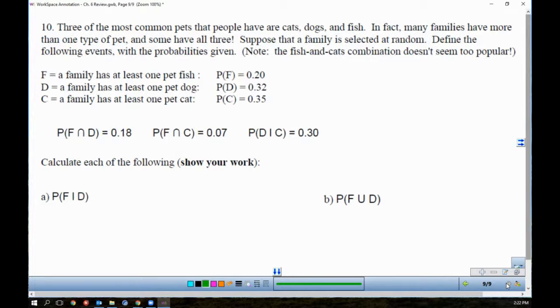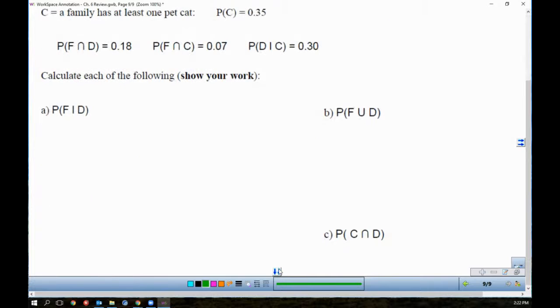Okay, so for 10, the one I actually want to make sure I hit before we run out of time is part C, the probability of having a cat and a dog. We have to use the information they give us. So this is the same as the probability that they have a dog, given they have a cat, times the probability of a cat. Just remember, you can flip these and say D intersect C, and it would be the same thing.